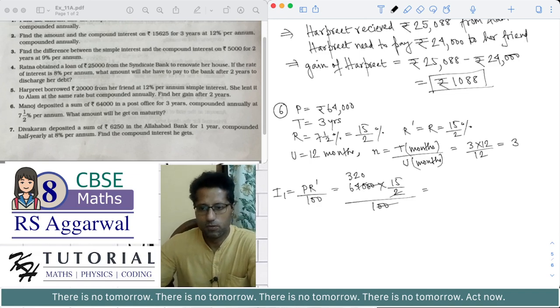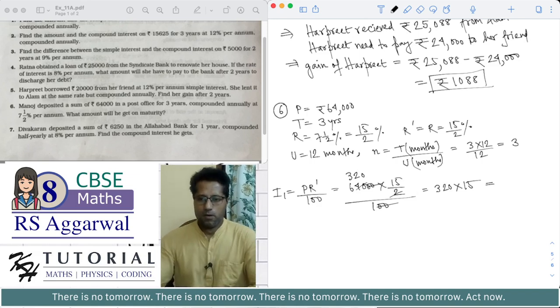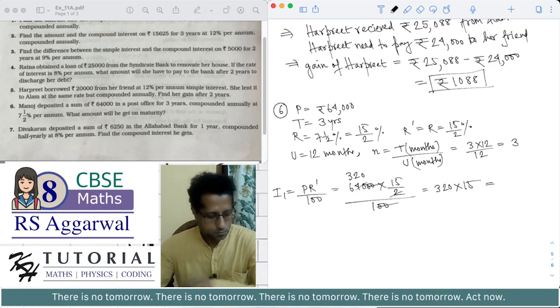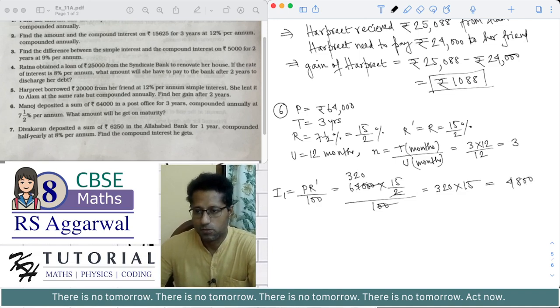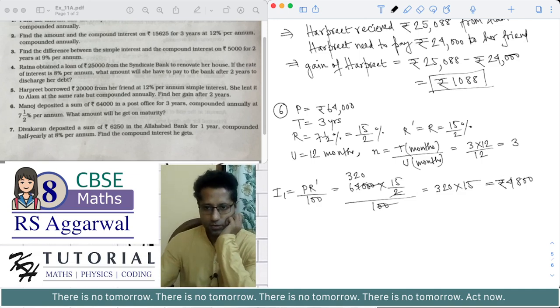So this is equal to 320 multiplied by 15, which is 4800. 4800 is the interest at the end of the first unit of time, that is, at the end of the first year. Amount A1 will be equal to P plus I1.